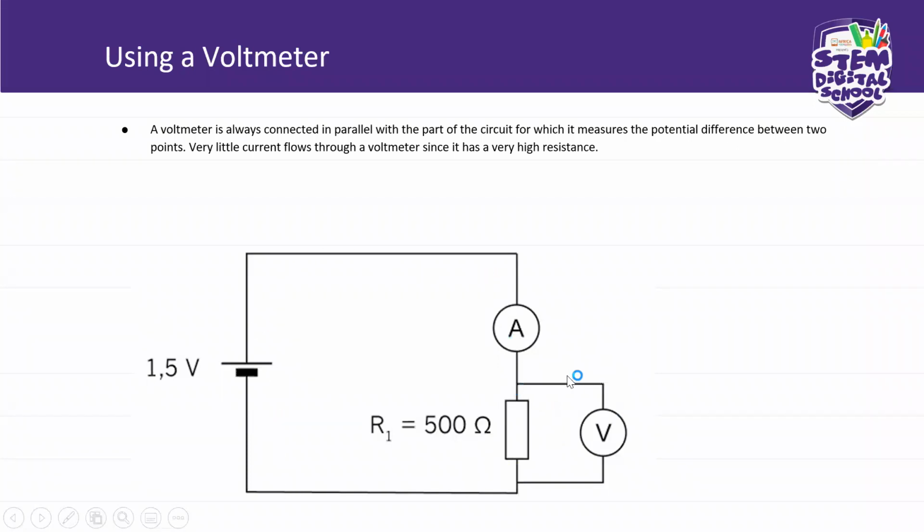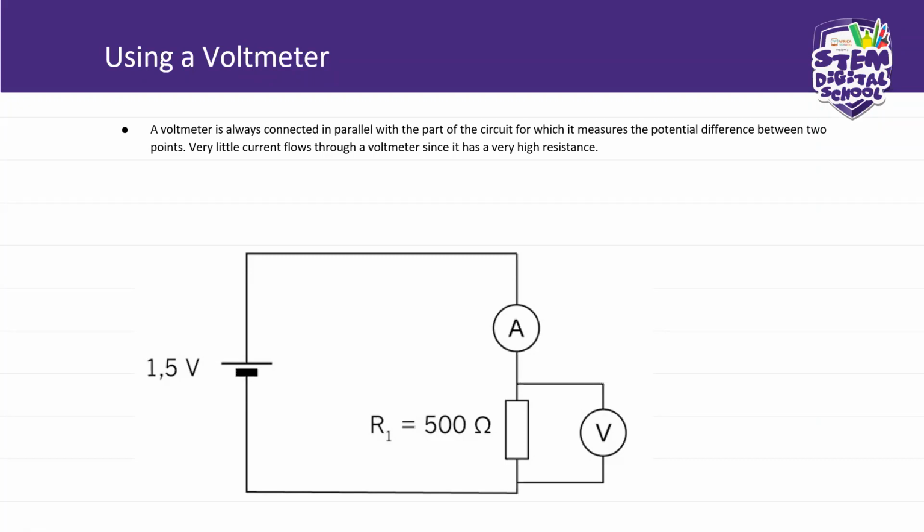So that's why we connect it in parallel. So if you were to be asked, why do we connect a voltmeter in parallel in a circuit? Your answer would be, we connect a voltmeter in parallel in a circuit because a voltmeter offers high resistance in a circuit. So if it was connected in series, it would give a false reading.